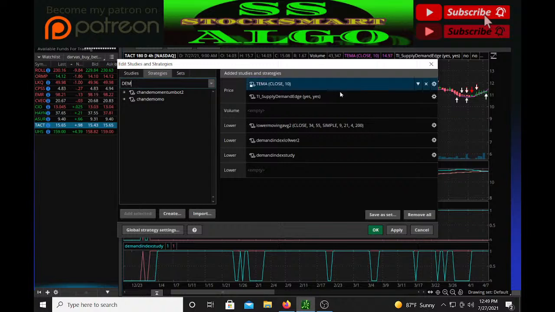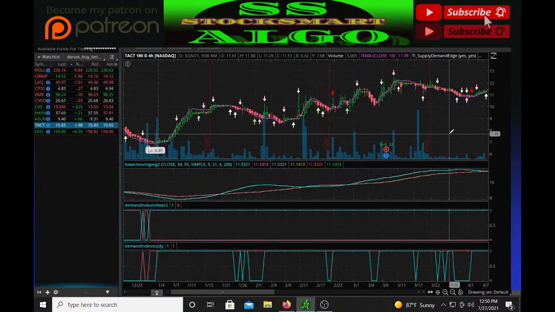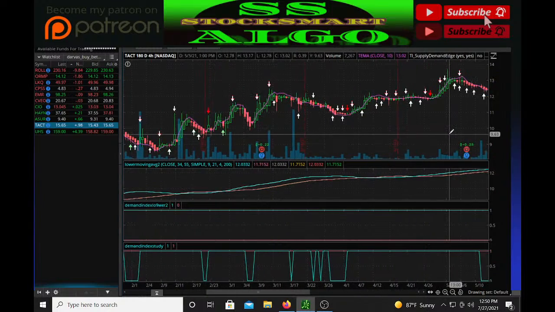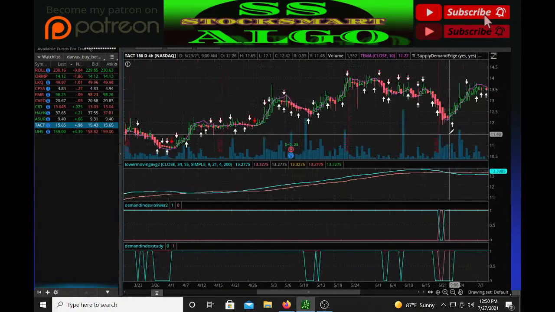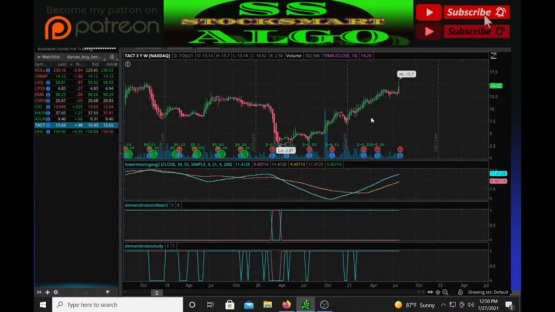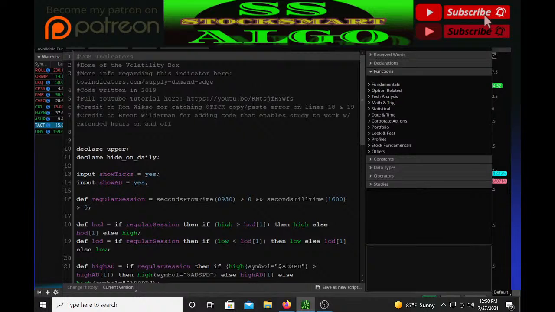Okay, LKQ. So this is TI supply and demand edge. Okay, so AD short signal, AD long signal, tick short signal, long signal. And let's go out to the weekly here and see if we get any kind of signals. Doesn't seem to want to have any signals on the weekly. Declare hide on daily chart.